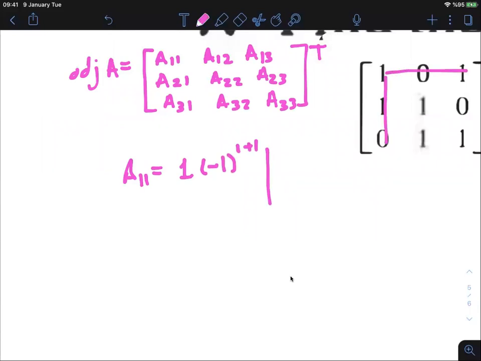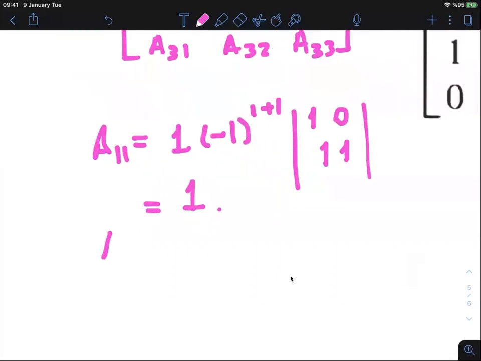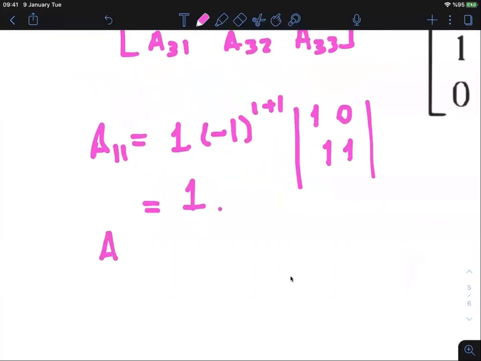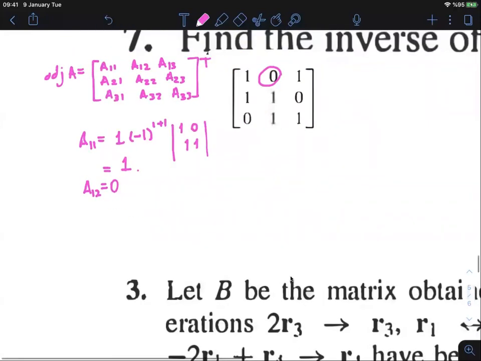If you do that, you get 1, 0, 1, 1. So what is this? This is basically 1, right? A11 is 1. And A12 is 0, because I will multiply it by 0.